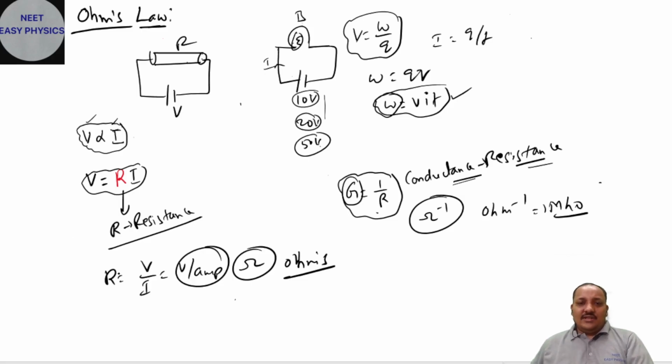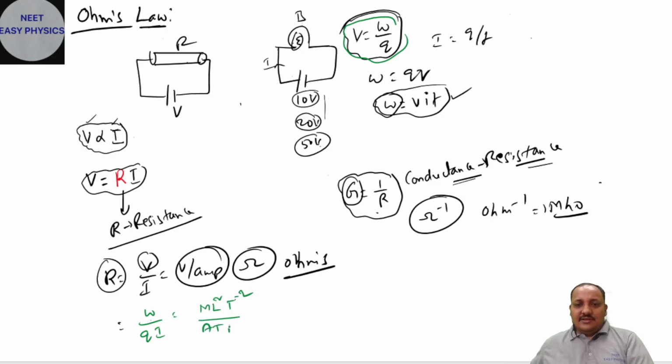Mho is the unit. Now they will ask for the dimensional formula. For voltage, V is equal to W by Q. Work done is M L square T power minus 2.